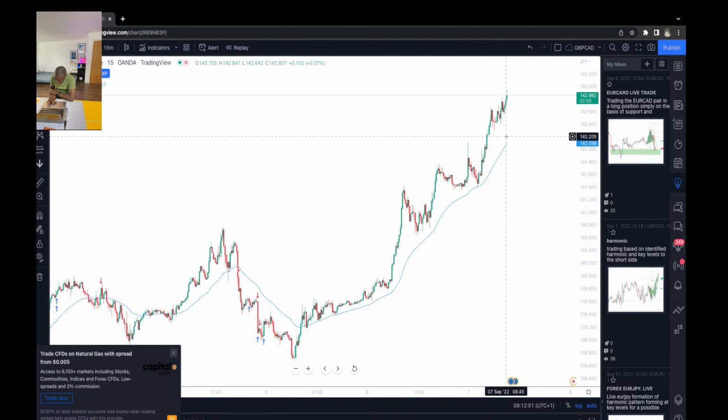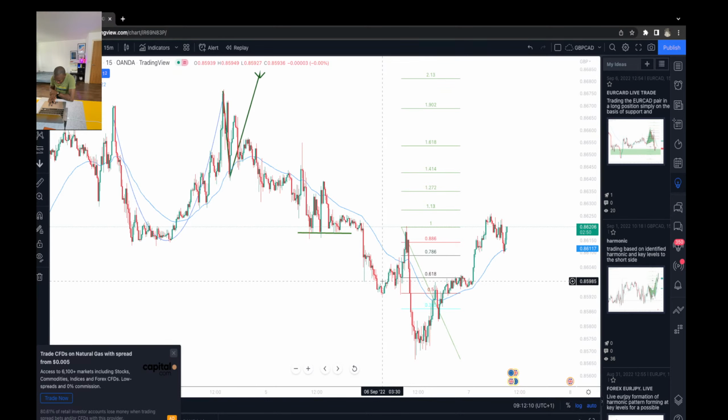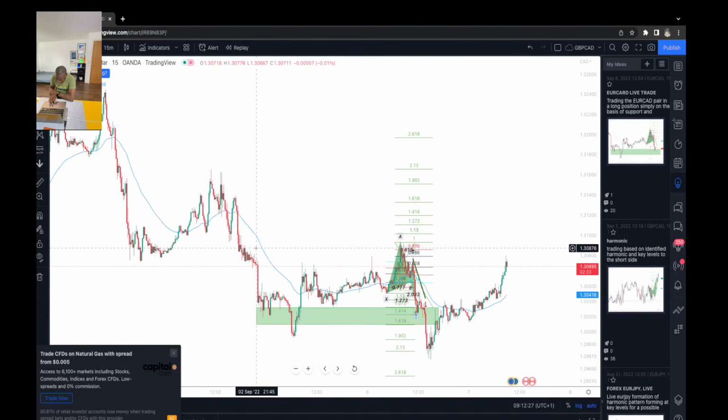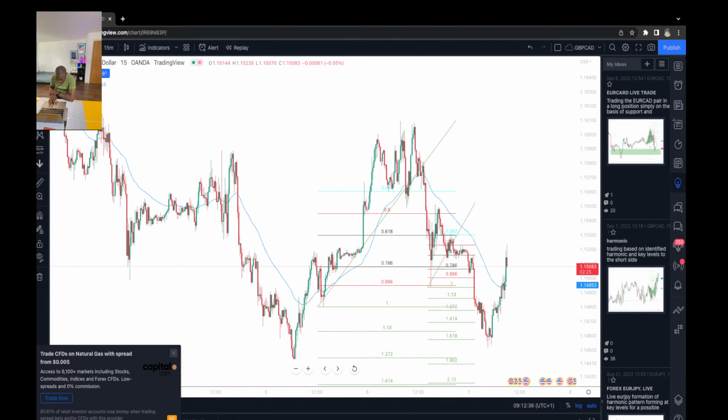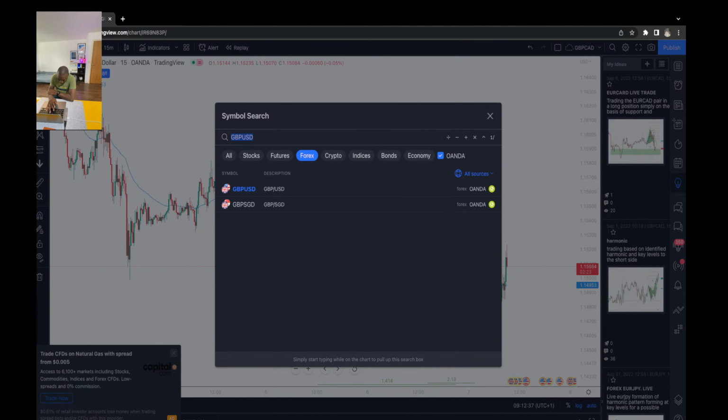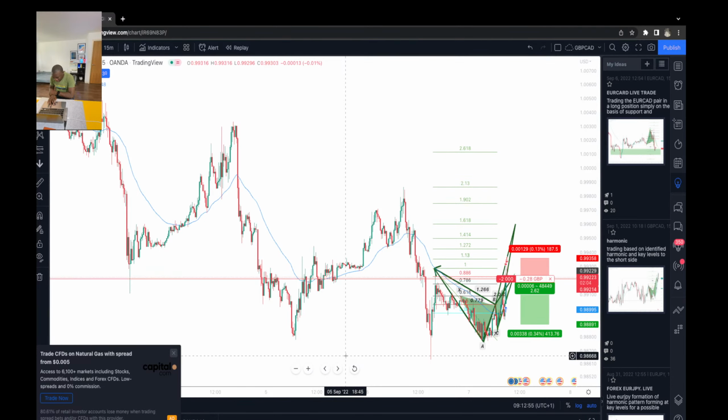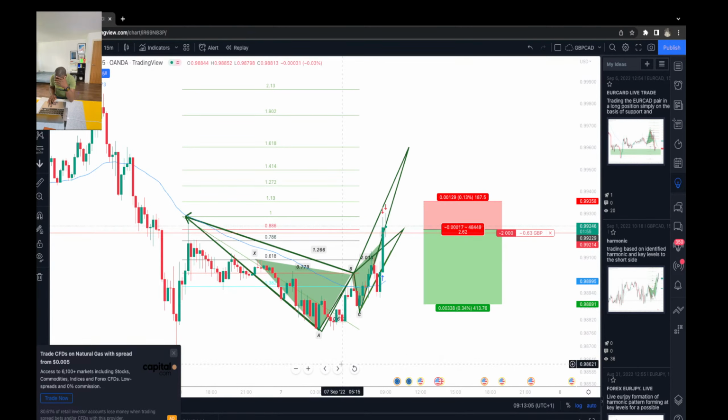But let's see how the USD is. Can't really see any other opportunities apart from this short-term trading opportunity. But let's see what happens.